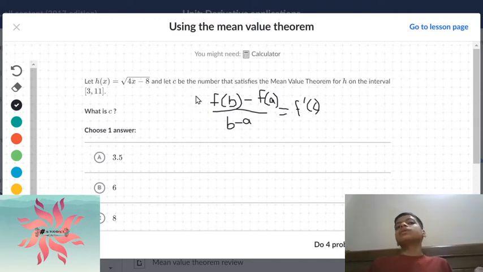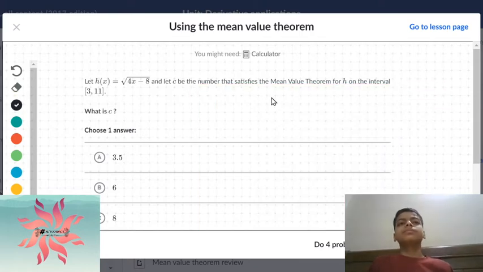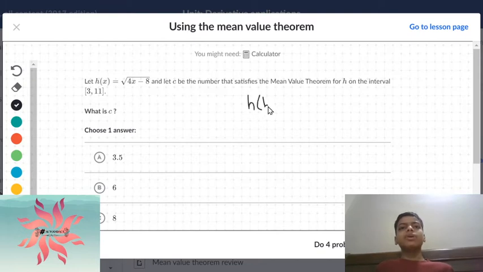Here we have h of x. We can do it with this h. It will be h of b minus h of a divided by b minus a. And what are b and a? b is this and a is this.